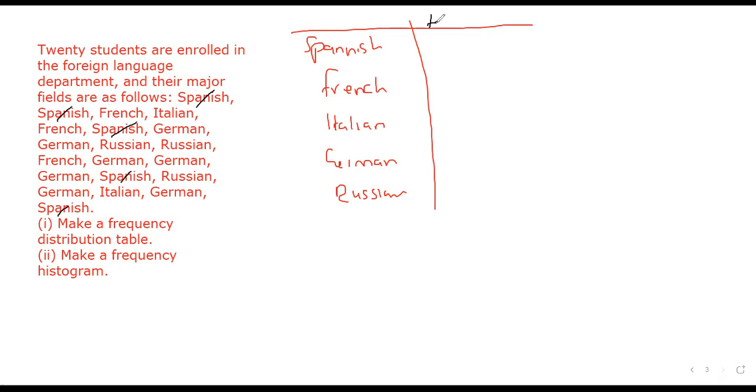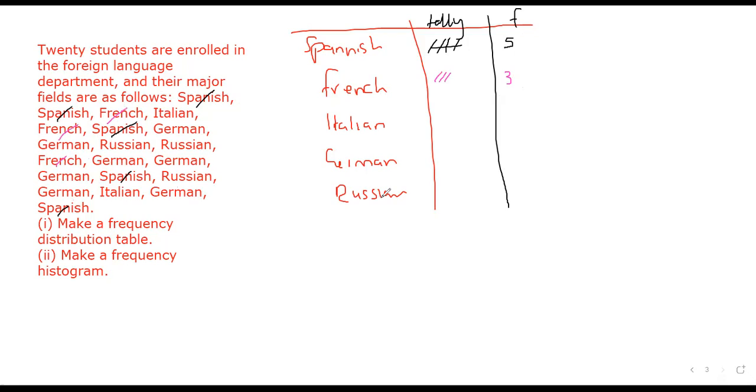You can use a tally if you want. So what is the frequency for this one? 5, right? And let's go to the other one. French. How many are they? 1, 2, 3. So these ones are 3.